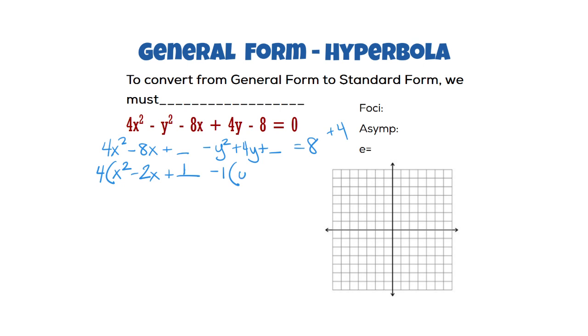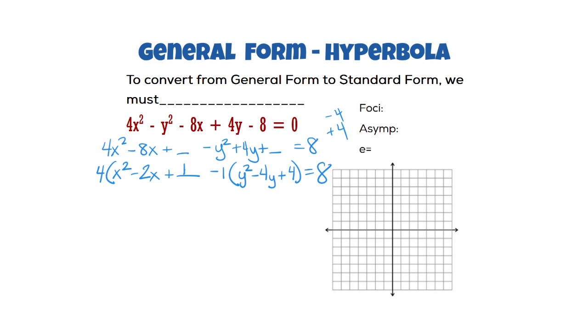So I'm going to factor out a -1. Gets me a y squared minus 4y. Half of 4 squared is a plus 4. But when I put the plus 4 here, I really put a minus 4. So I have to put a minus 4 on that one. So the 4's happen to conveniently cancel out, and I'm back to 8.